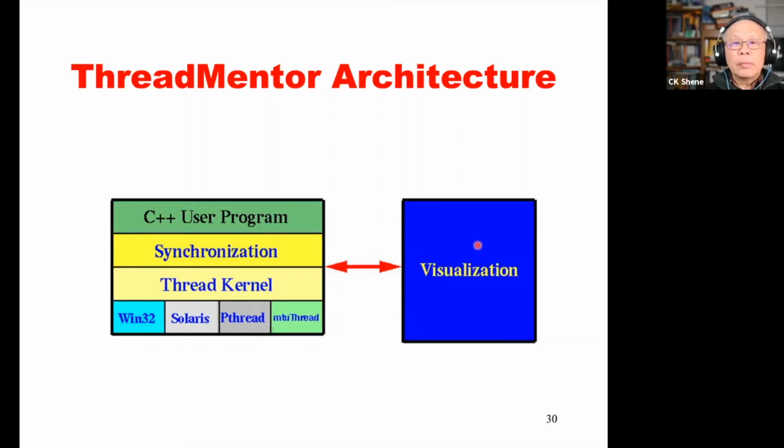And then we used it in an operating system course for about a decade. And now we can use it in this course. Why did we design ThreadMentor in this way rather than just using Java or C++?